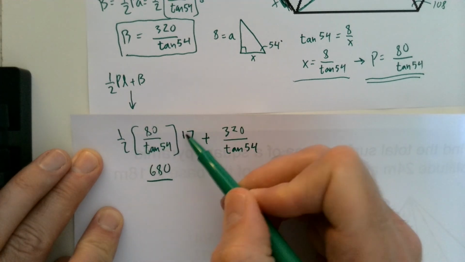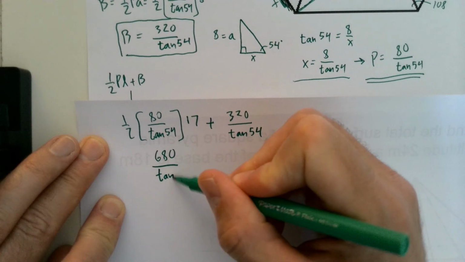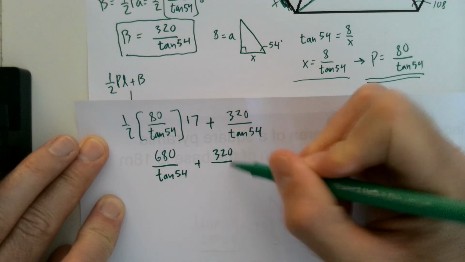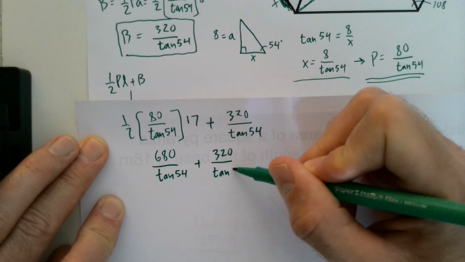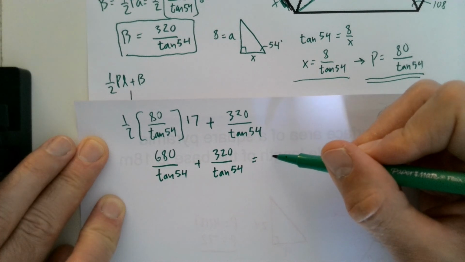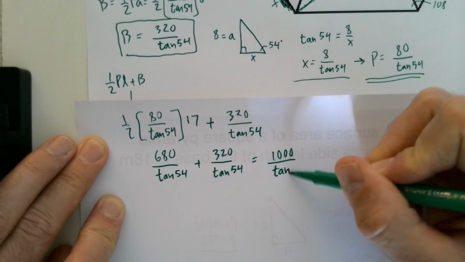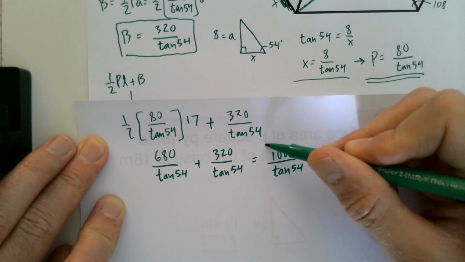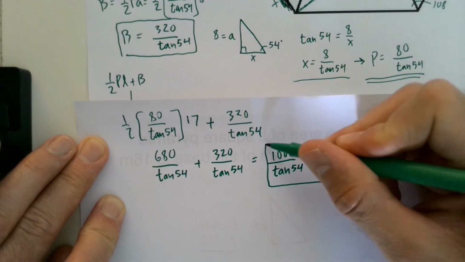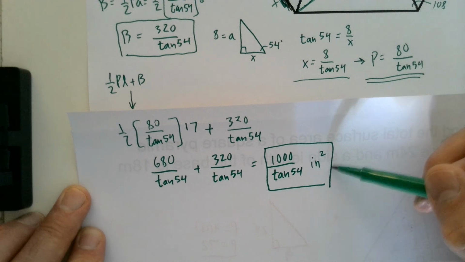I did half of 80 times 17 divided by tangent 54 plus 320 also divided by tangent 54, which together looks like 1,000. Alright, and they gave us inches, so that's going to be all inches squared when we're done.